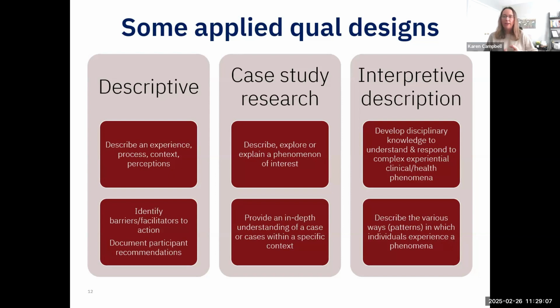So recognizing that as a practitioner, we have a certain amount of disciplinary logic that helps us to understand a phenomenon.